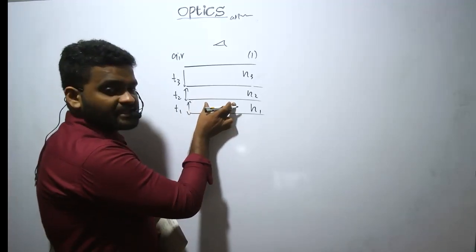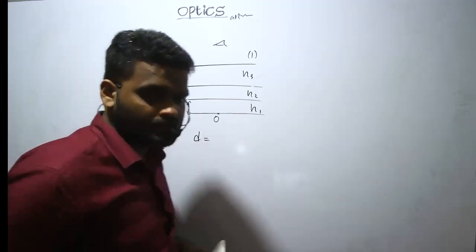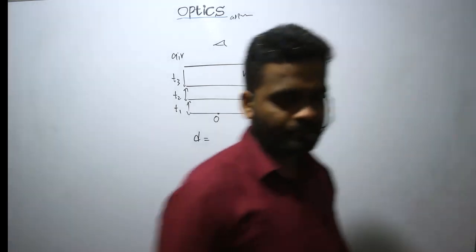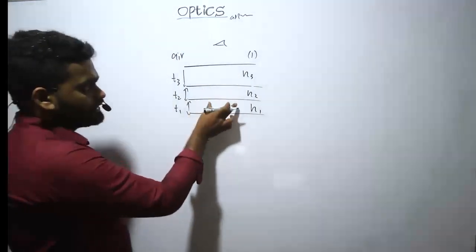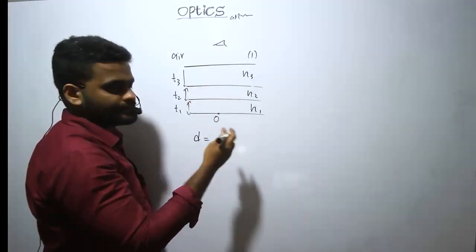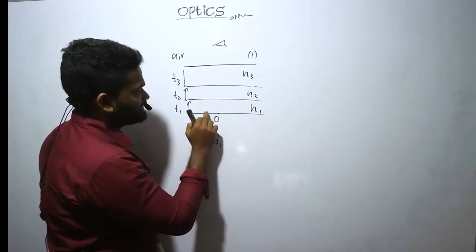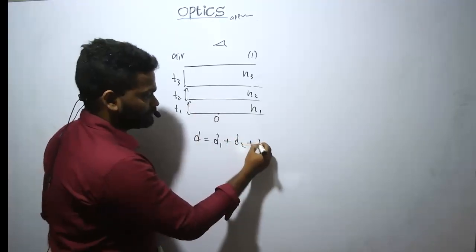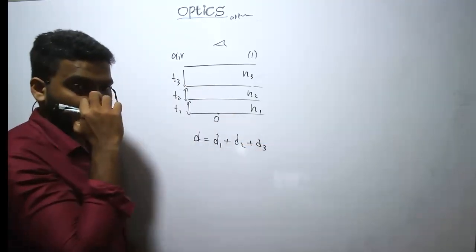So this makes a shift. The other one also makes a shift. There are 3 mediums, all 3 make a shift. Then you just have to add all those: shift caused by this medium plus shift caused by this medium plus shift caused by the third medium.